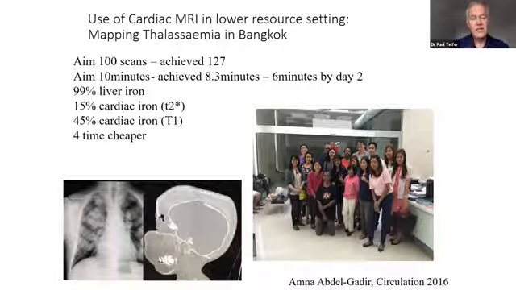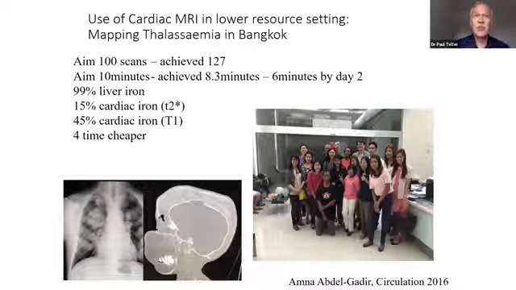And they've validated a slightly different parameter, T1, which will also quantitate myocardial iron, but it will do it much quicker and will give a map of the myocardium. So you can actually see on a color picture, a bit like what I showed on that previous slide, where the iron is.